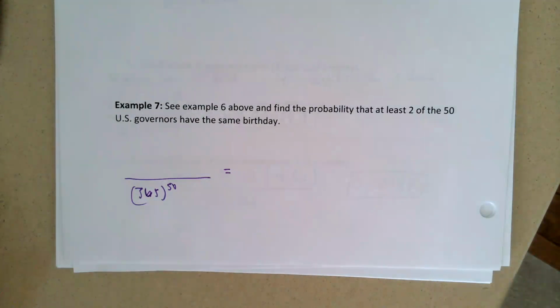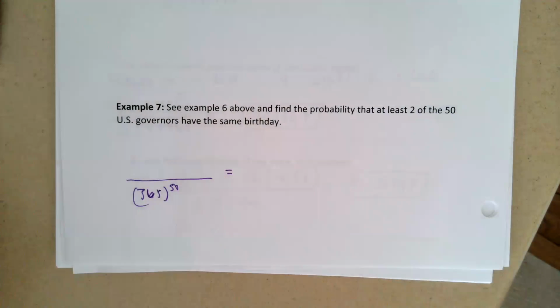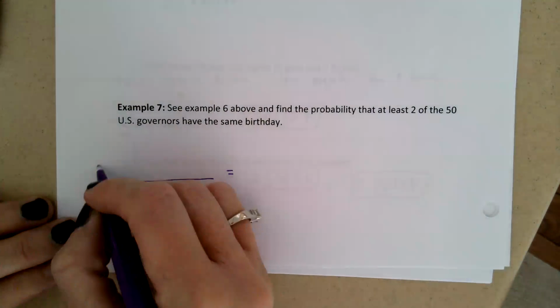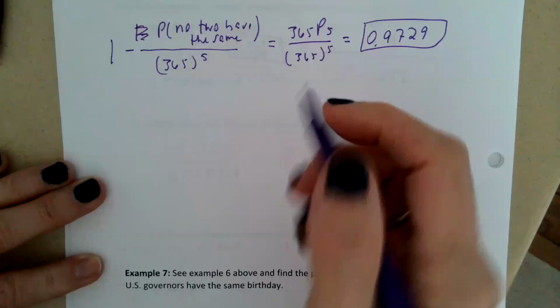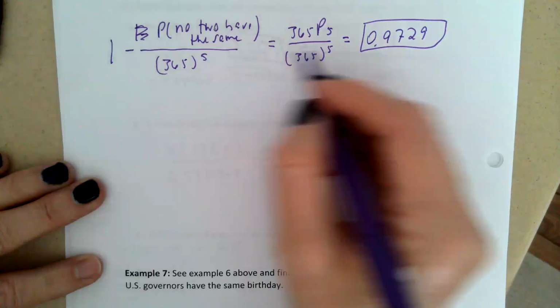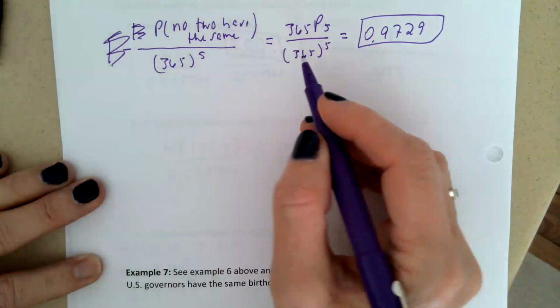And then we're going to use the complement rule. Which is 1 minus. And you know what? Up here, it should have been 1 minus down here, not up here. Sorry. So this is just the probability of nobody having the same.